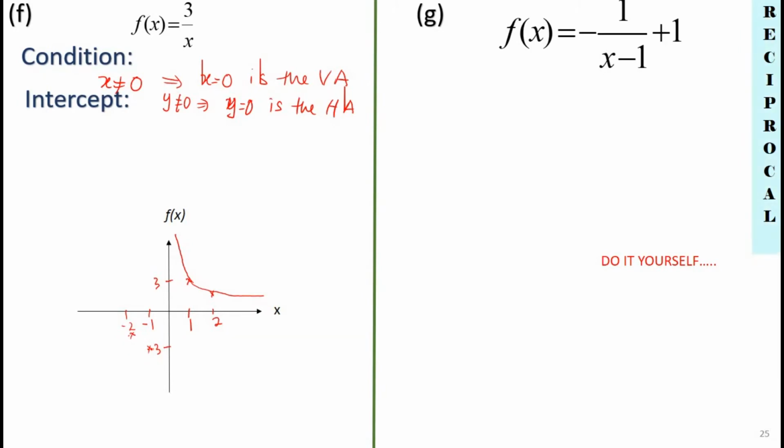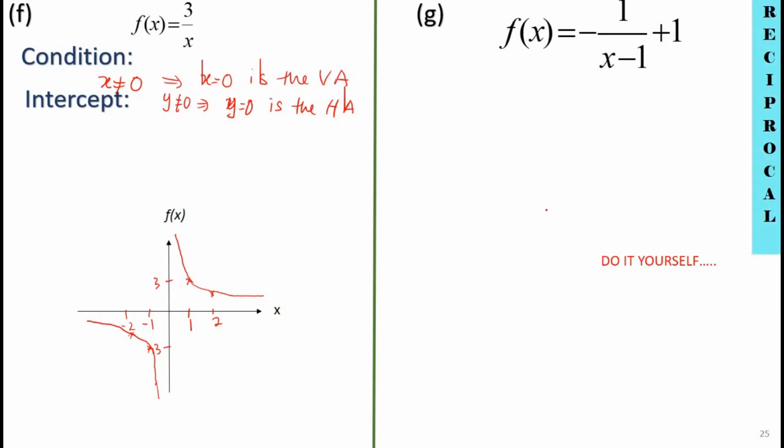If you continue finding f(x) by substituting any values of x, you'll get this. As x approaches -infinity, f(x) will approach 0. When x is approaching 0, f(x) will approach -infinity.